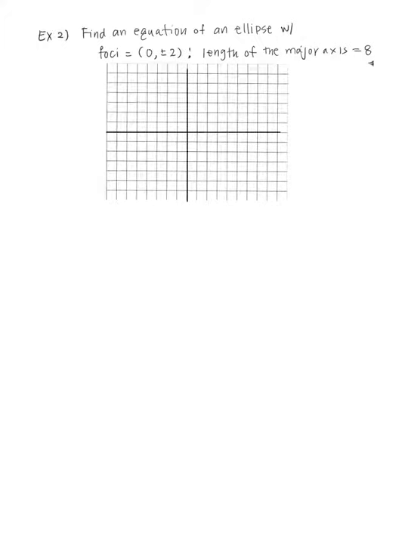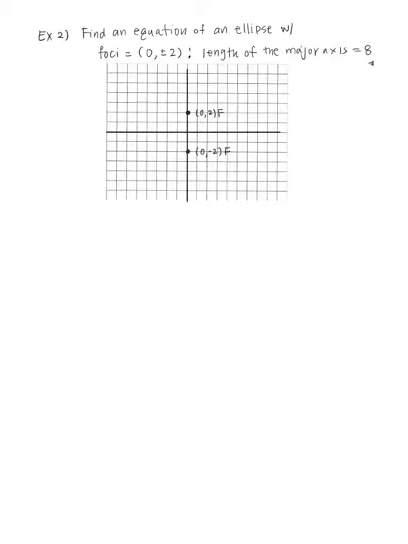So we have foci at (0, ±2). Now since both foci lie on the y-axis, that means we're going to have a tall ellipse, which means that our major axis is going to be the y-axis.